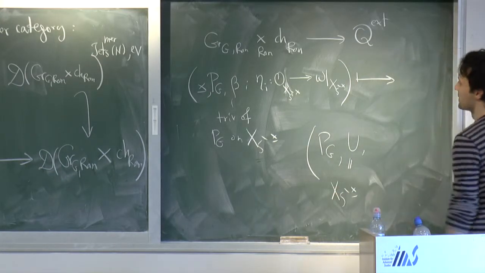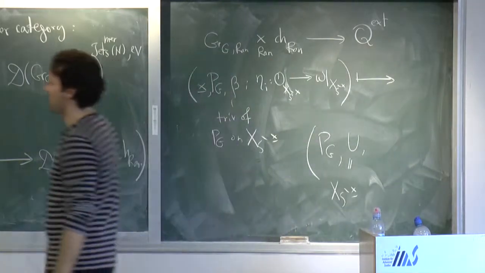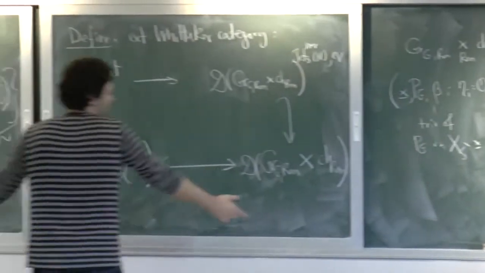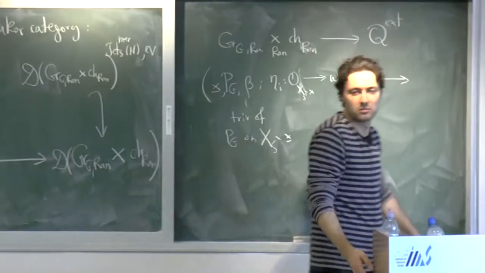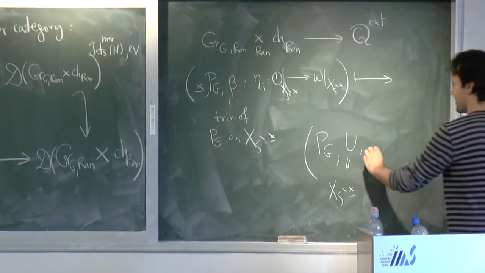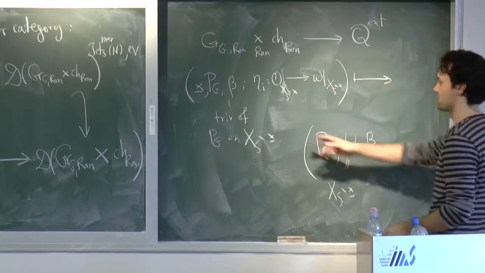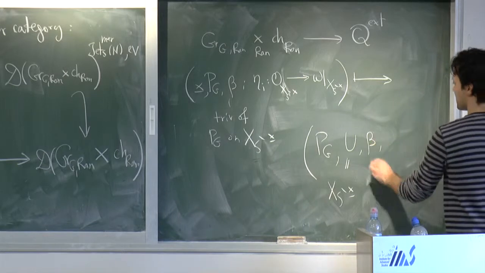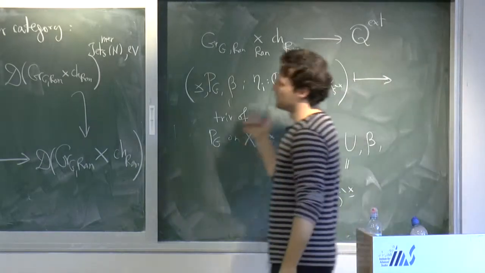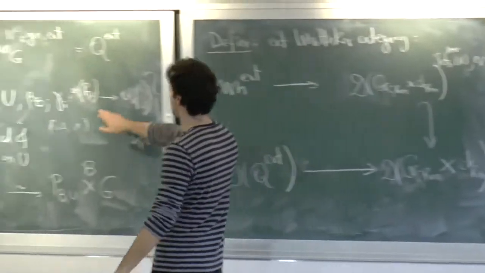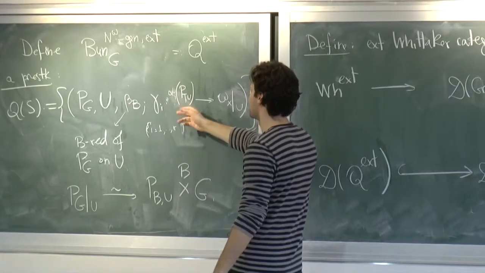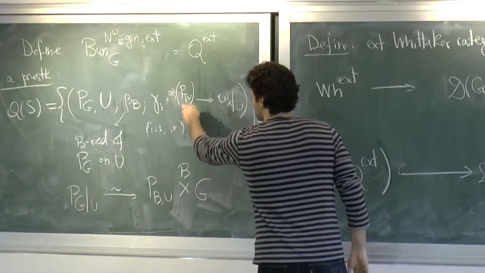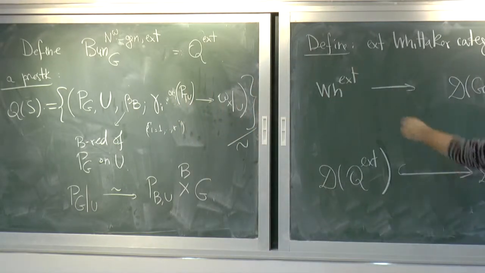It's easy to see. And then what I need is a trivialization, a B reduction of P_G on U. Well, then I have a trivialization, I also have a B reduction. So this bundle was trivialized on U, and since it was trivialized, this guy is the trivial T bundle. I apply the root map, I get the trivial line bundle, and that's my map.